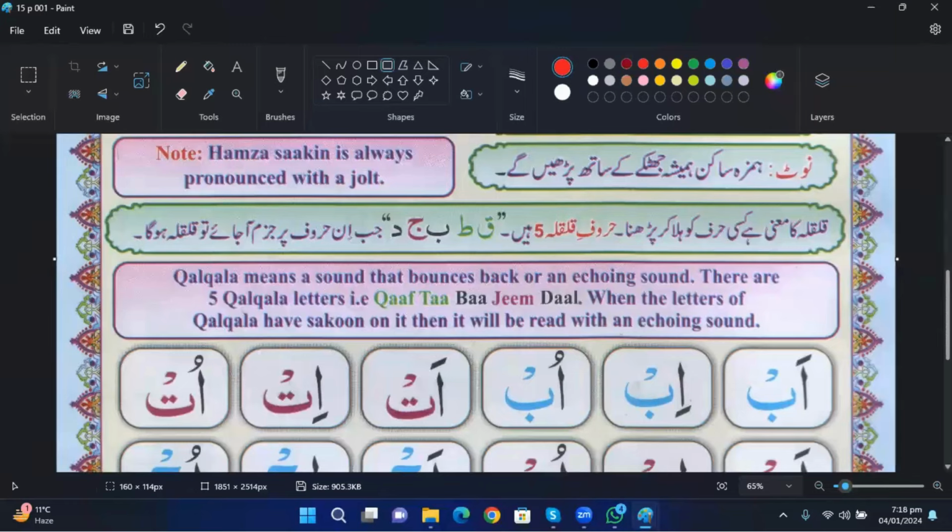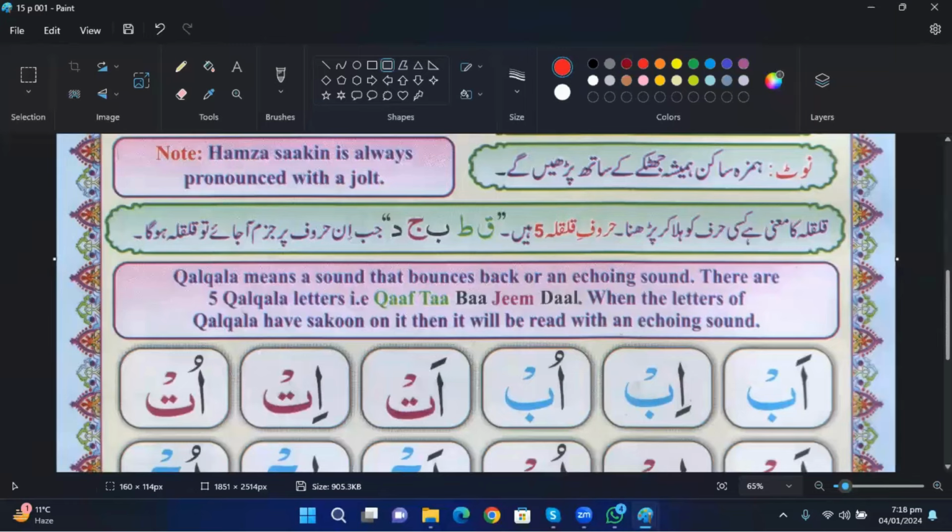For example, Hamza Fatha Ba Sukoon Ab. So tell them that sukoon always comes over the next letter, and that connects with the previous one.